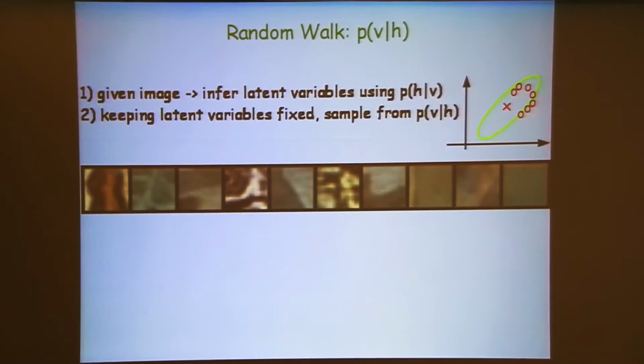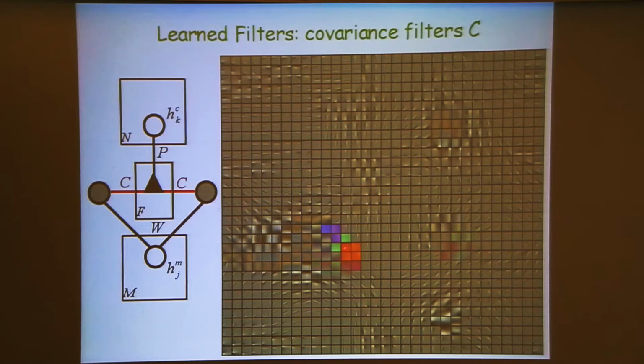Going back one slide, what did the single color covariance filters do, like the big orange one or the big purple one? They have a small gradient.